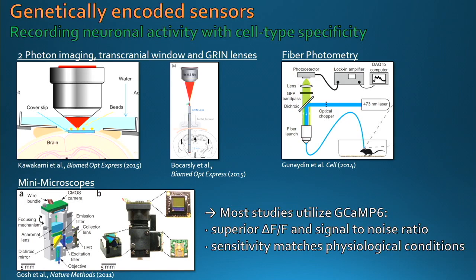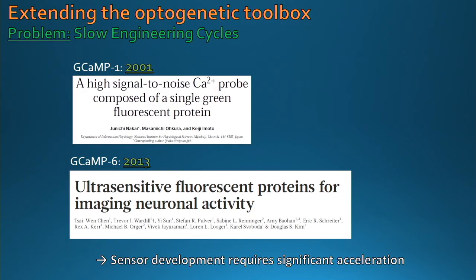And the reason for that is quite simply that the signal amplitudes of GCaMP are superior compared to any other sensors, while the calcium sensitivity perfectly matches the physiological conditions in neurons. So our goal is essentially to use GCaMP as a benchmark and to build other sensors with similarly large response amplitudes and utility. However, there's one big problem.